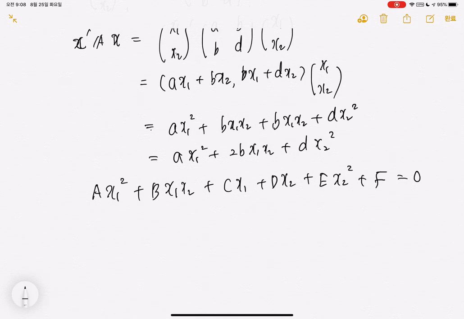You can change this into the following form.